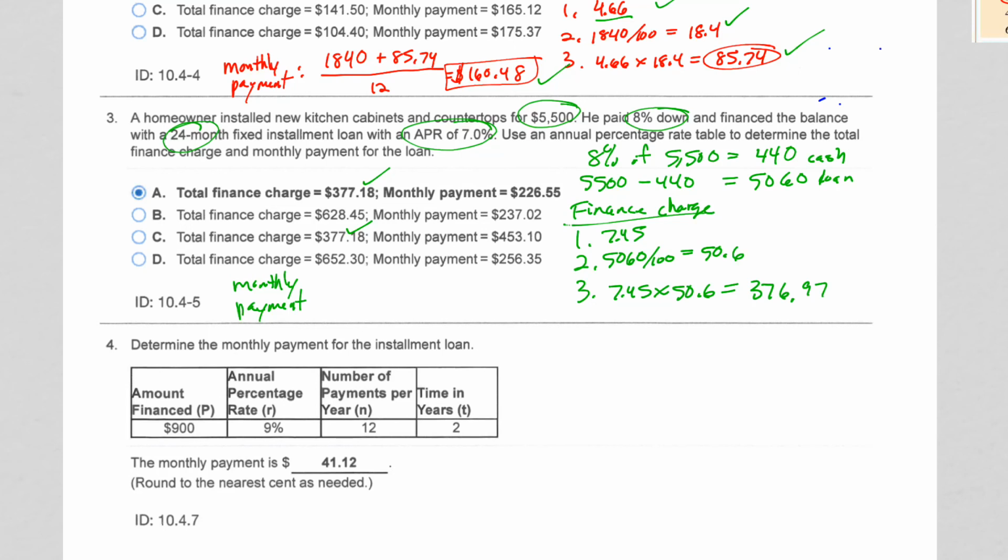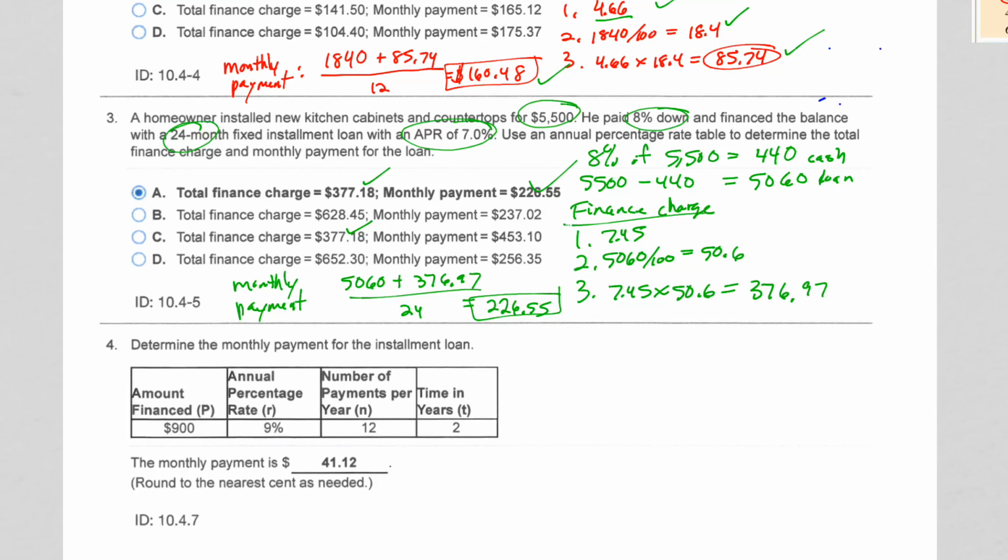We're borrowing this much. This is the interest or the finance charge. And 24 months. That'll give us the answer, okay?